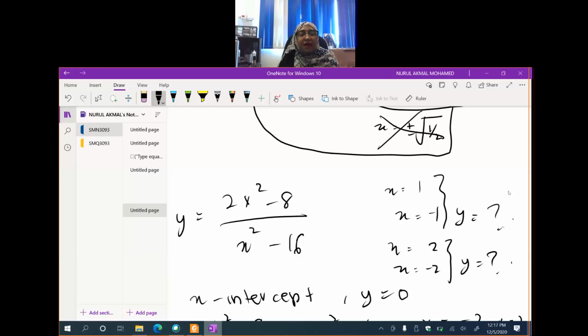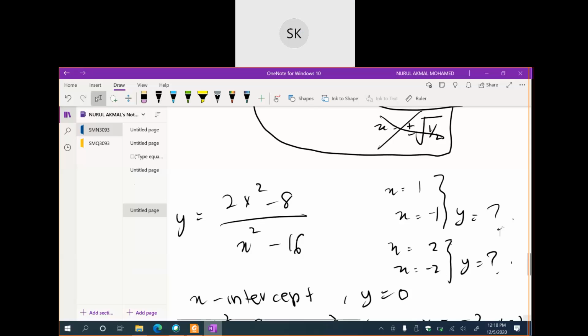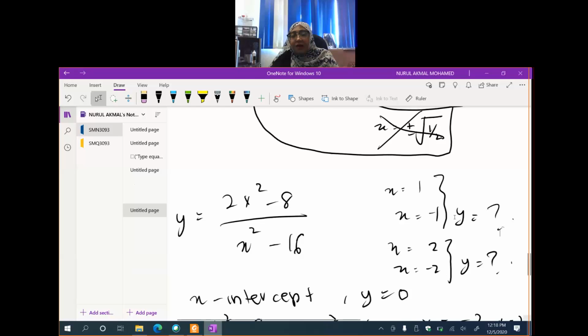What about the value of y for both of the points? Are they the same or not? For x equal to 2 and -2, are they the same? Yes. So for all these points here, it illustrates that y is symmetric.